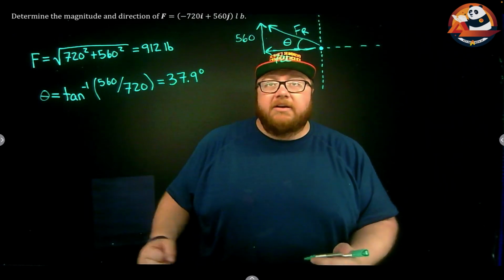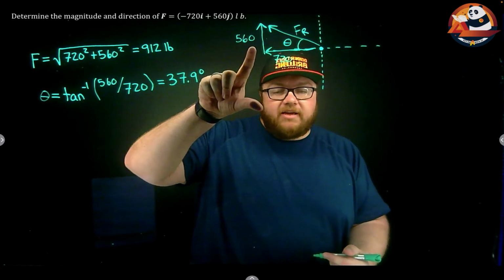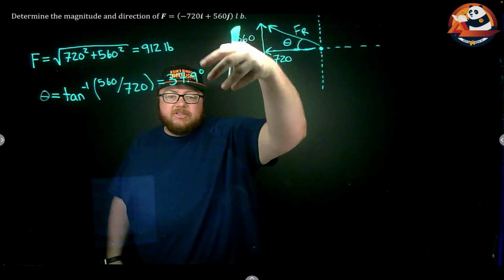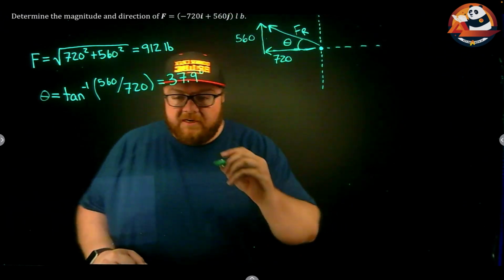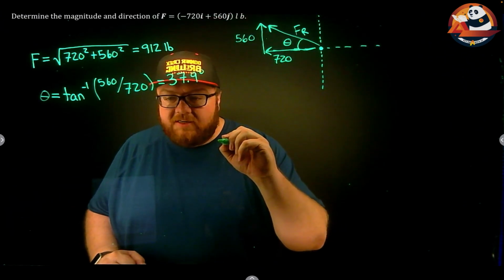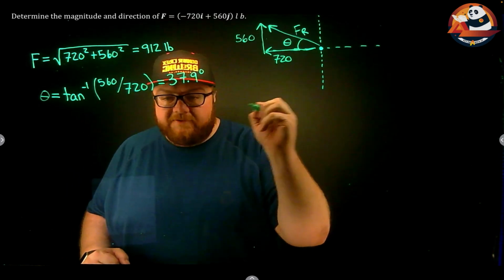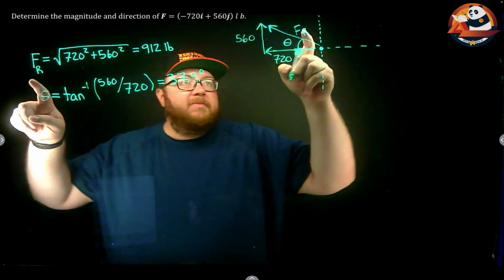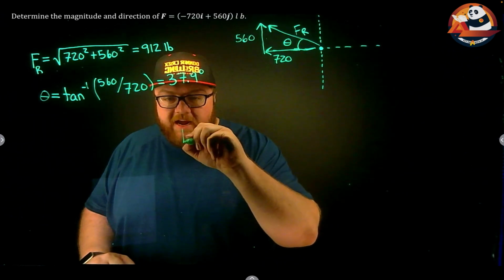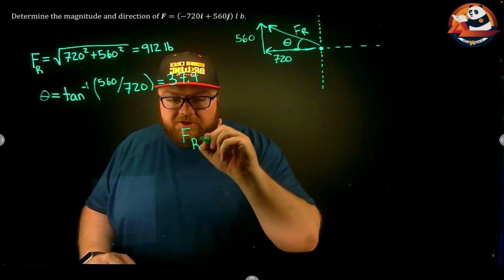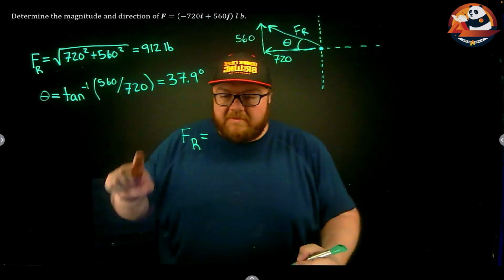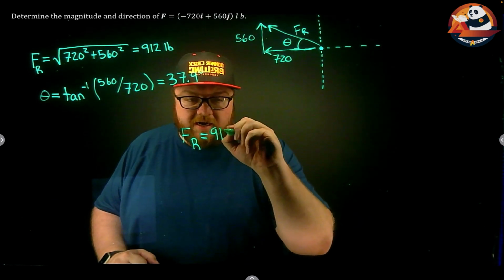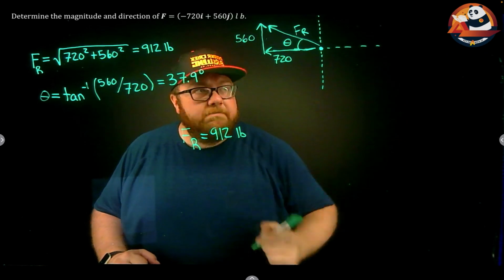We are smarter than our calculators. We know graphically that this is really in the second quadrant, so when we pull our answers together, we'll report it that way. My resultant force FR, labeled to match how I labeled it over here, has a magnitude of 912 pounds.